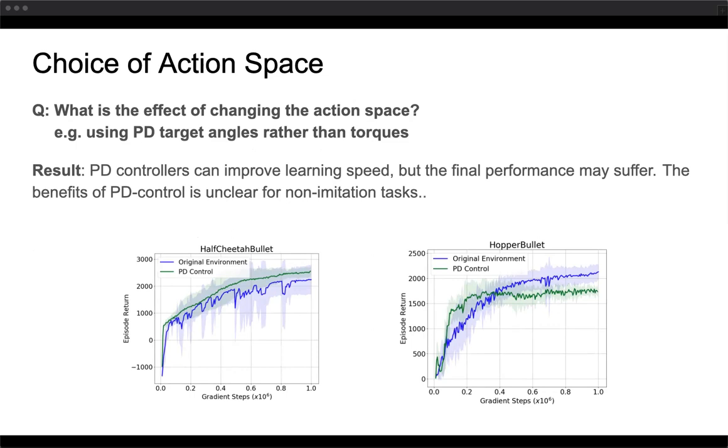For RL tasks, instead, PD controllers can improve the learning speed, but the final performance usually suffers and is suboptimal with respect to the original default policy output, that is, outputting the torque for each joint.